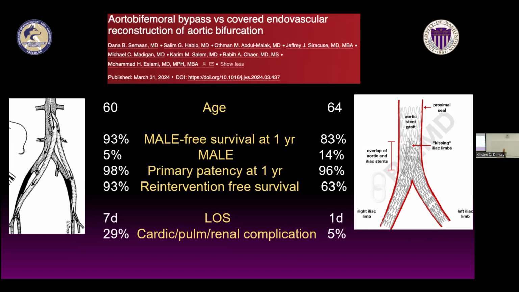For CERAB, patients tended to be older, with a lower rate of amputation-free survival at 1 year. The primary patency rates, I think, are quite striking, that they're relatively comparable between the two. CERAB had a higher rate of reintervention, but a lower length of stay and lower complications postoperatively.